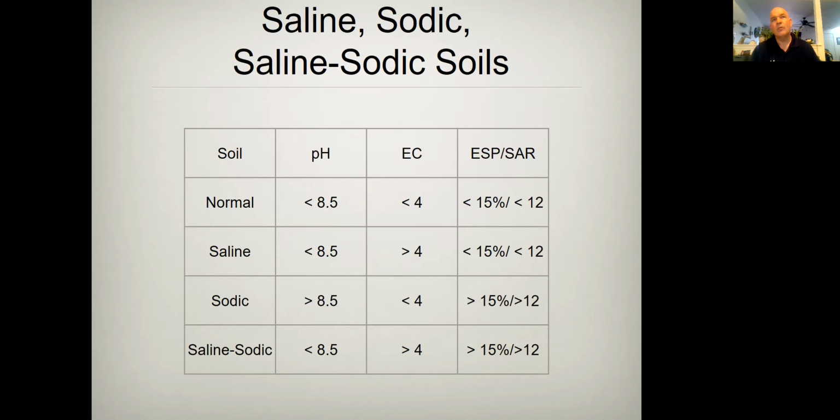Sometimes we run one, sometimes we run the other, sometimes we run both. But typically those are less than 15% exchangeable sodium or less than 12 for the SAR. When I get a saline soil, that's when the EC gets high, and the other numbers stay normal. A sodic soil is when these numbers creep up above 15% or 12 SAR. And then a saline sodic soil is where I've got both issues, high salts and high sodium.